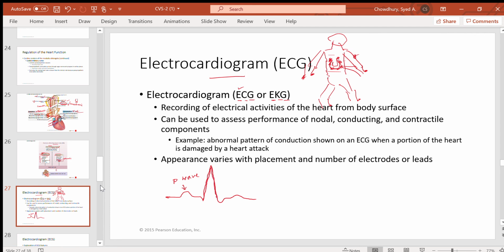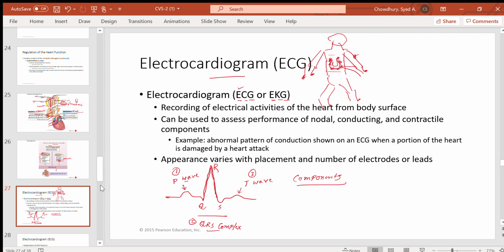This is called the QRS complex, because two waves are actually forming this QRS. I will mention that in a few minutes. So QRS complex, and then the last one is the T wave. So these are three components. Okay, P wave, QRS complex, and T wave. These are three components of EKG.